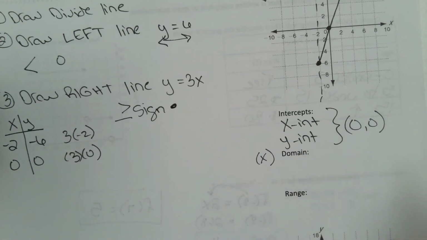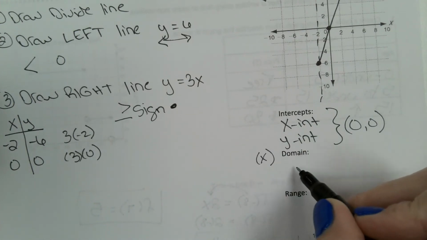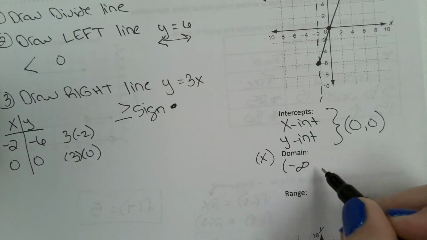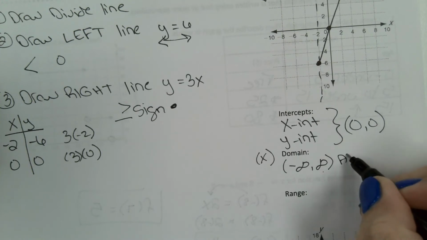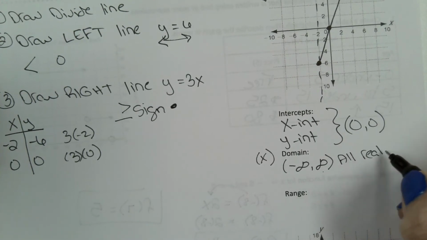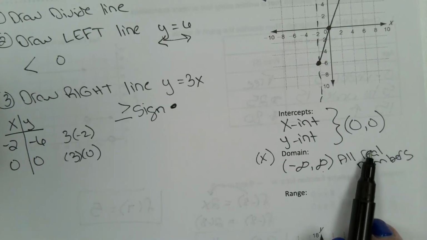So we use this notation, and negative infinity to infinity is another way of saying all real numbers, which means that you can plug any number in for x that you want to.